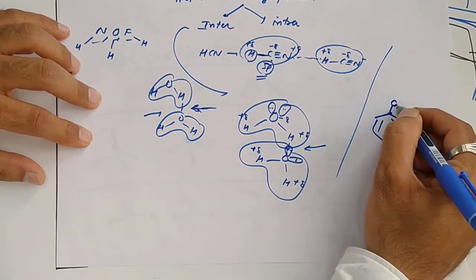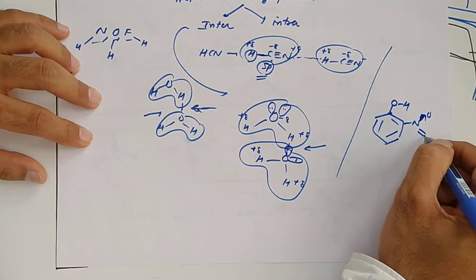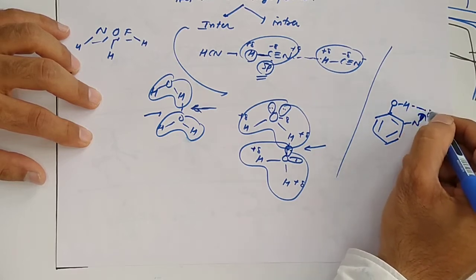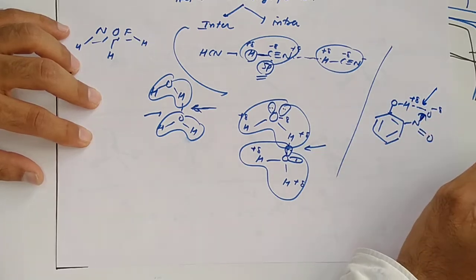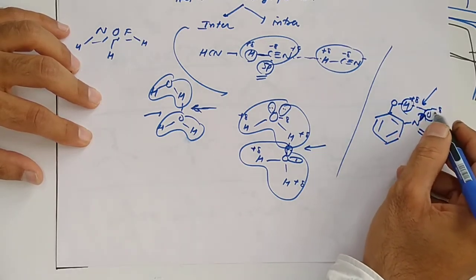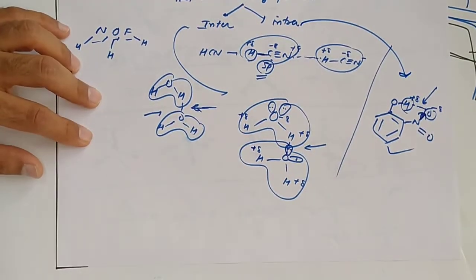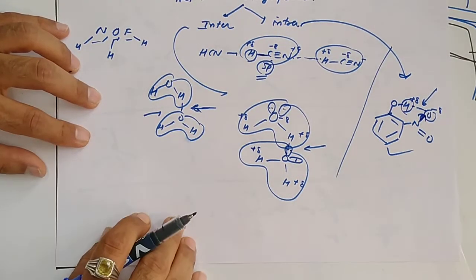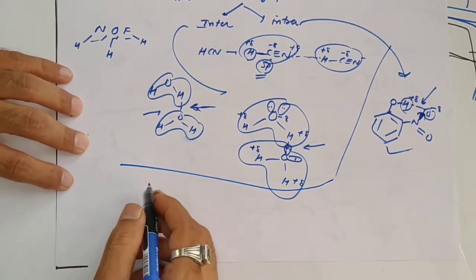Yes, what about intra? In orthonitrophenol, the positively charged hydrogen combines within the same molecule. The hydrogen bond occurs between two atoms of the same molecule, that is the intra hydrogen bond. So in which type of compound does intra hydrogen bond occur?